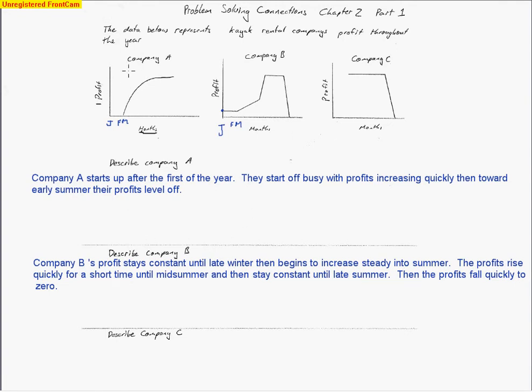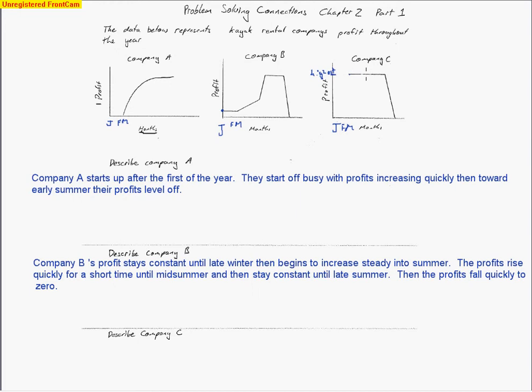And notice on this one, again, if this is January right in the beginning, this is February and March. It's not starting until March, but notice this one's different than all the others. The others all started with profits near 0. This one's starting way up high at their highest profit, and it stays there. It stays very consistent.